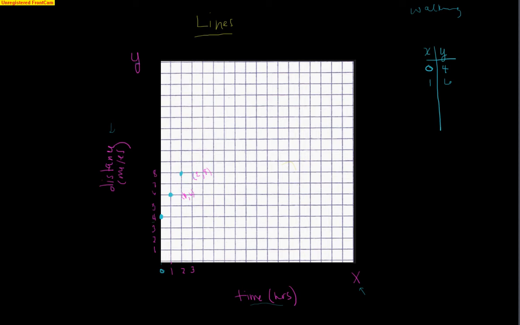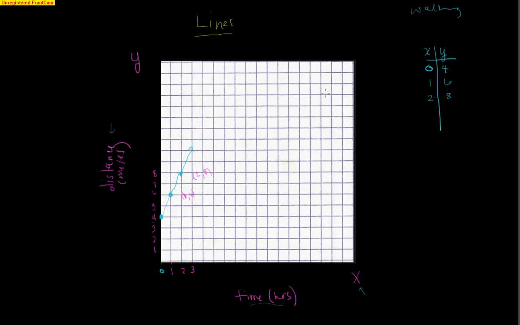So now I've got this ordered pair of after 2 hours, I'm 8 miles from home. And what you can see here is if I connect these dots, I've got myself a straight line, or as straight as I can do, and I can continue on this way and walk all day.